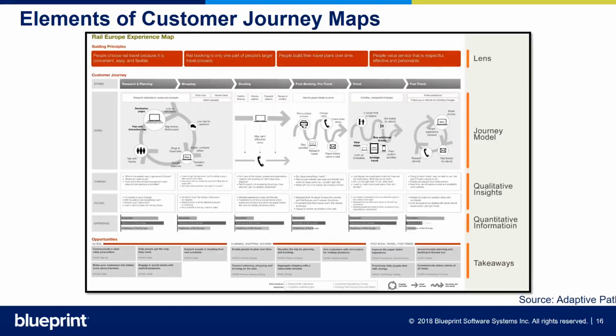So goals and problems should be a part of the map, as should the various stages that a customer goes through. Here at the top, we have depicted the various stages in this Rail Europe experience. They go through research and planning of their trip, then a shopping experience, booking, and later on travel, right?